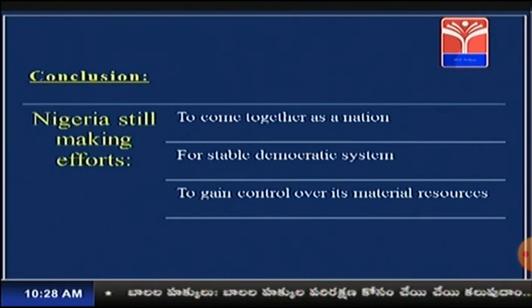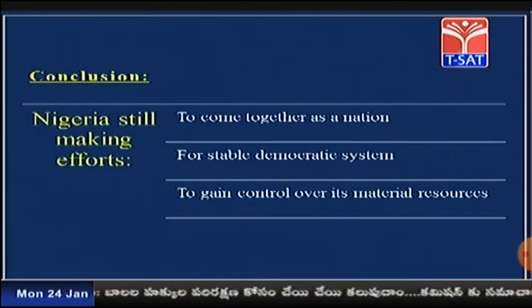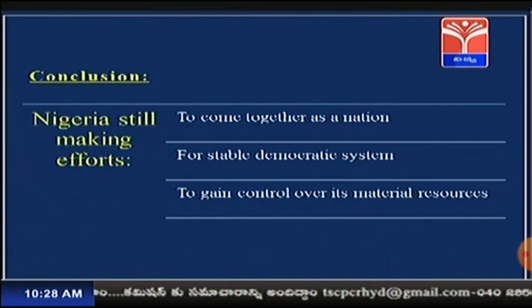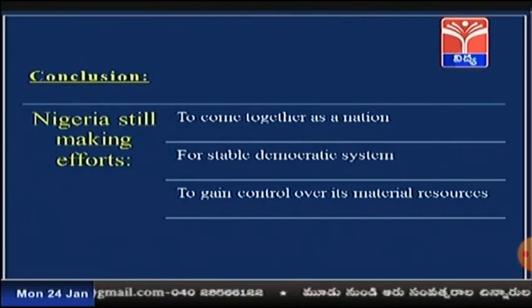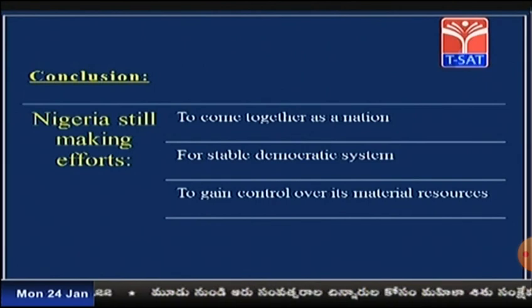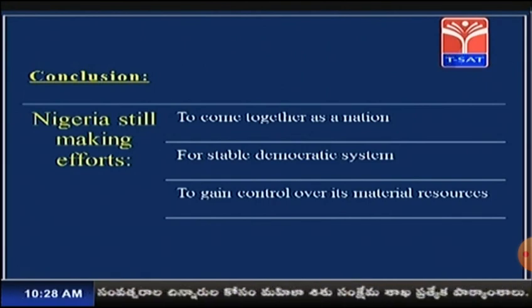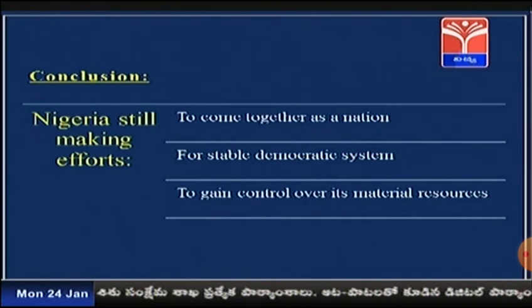It is trying to achieve unity among the people, and also trying for a stable democratic system. It is also trying to gain control over its material resources like petroleum.